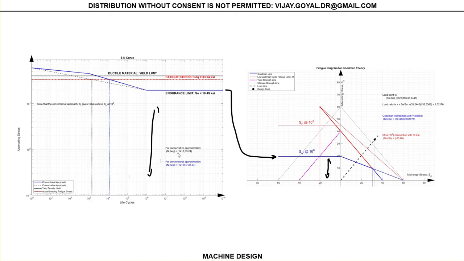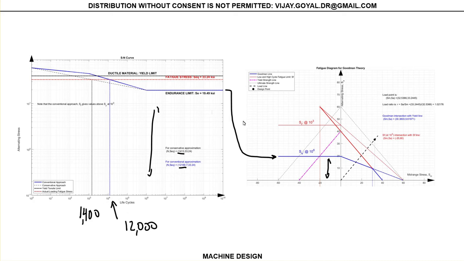You can see the life that I get versus the life I get with the traditional approach. We are talking about a significant difference of life. This is about 1400, and this life is roughly 12,000. So you can see the significant difference in life cycles between the two. This is huge. So that's why we like to use this curve, and your MATLAB code actually does all these plots for you.